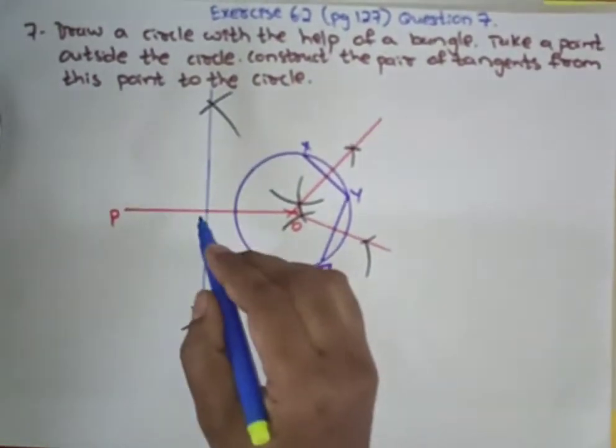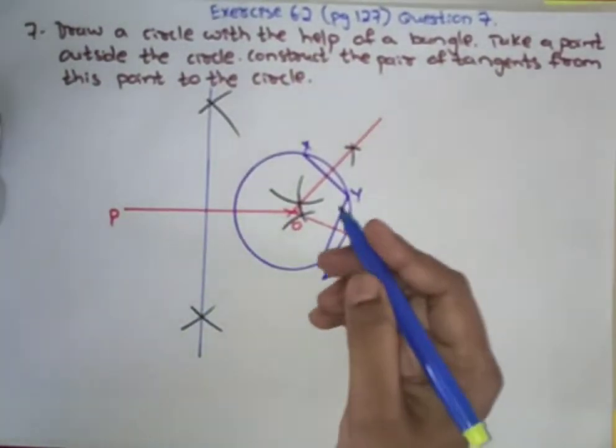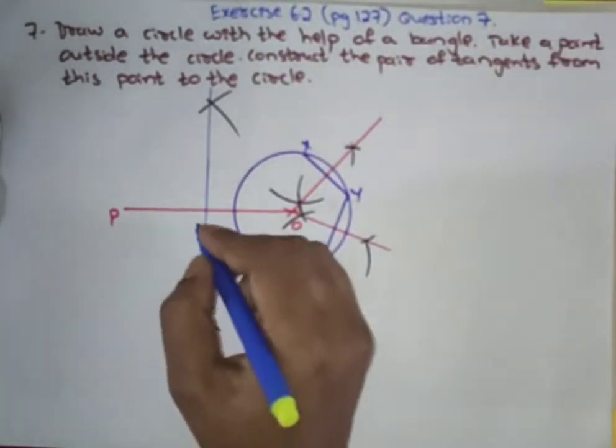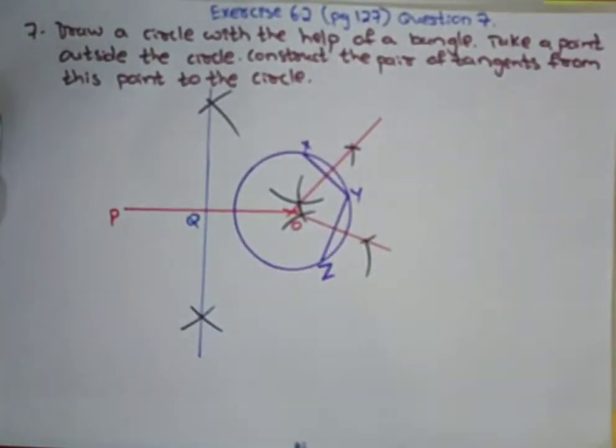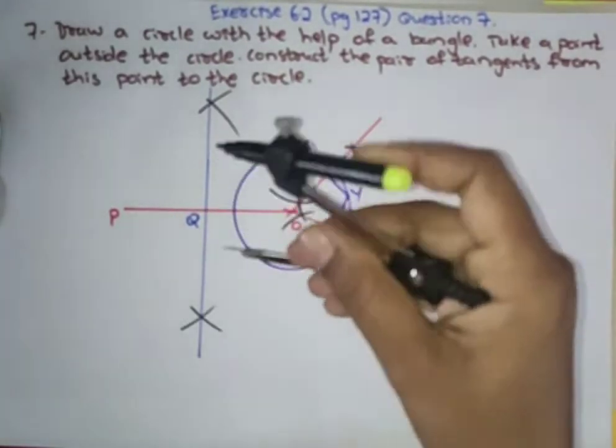Now this is our O. You may take here M, and the midpoint, Q. Now Q is the center and QP or OQ is the radius. Draw a circle.